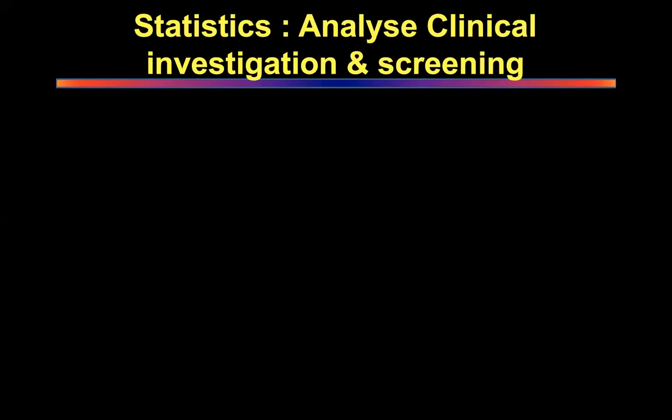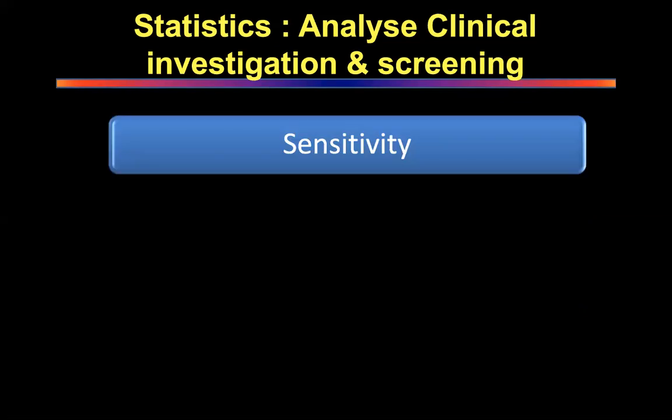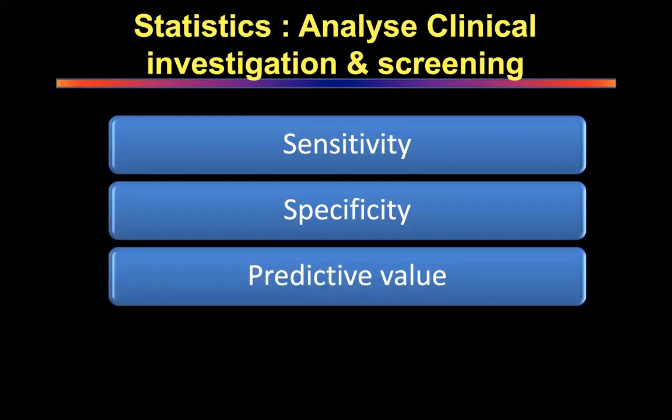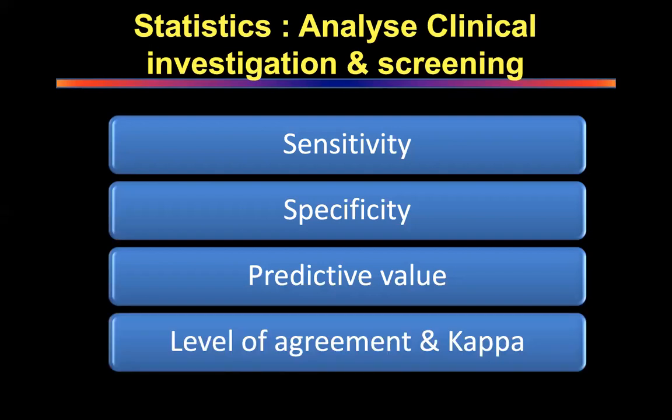Clinical tests. In this, we are looking for the following factors. We're looking for sensitivity. We're looking for specificity. We're looking for predictive value. And we are looking for level of agreement and kappa. Okay.